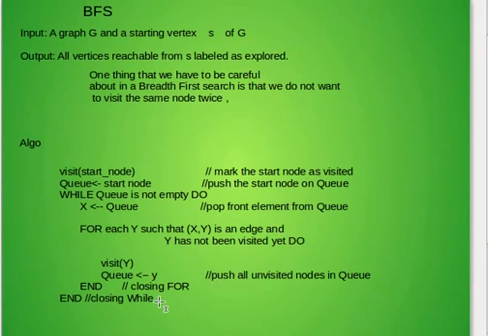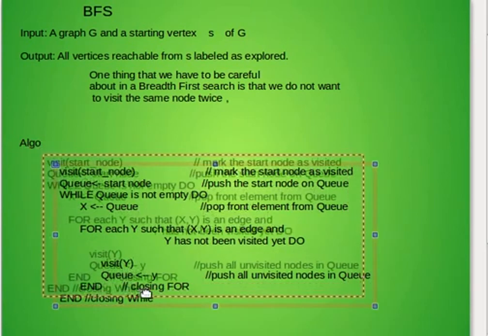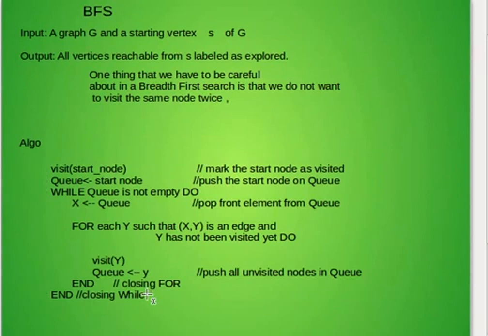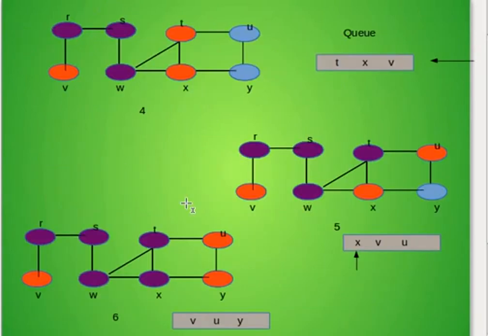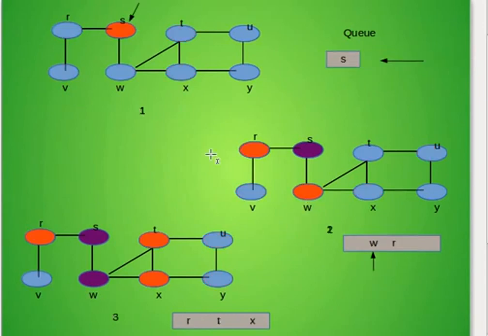Now keep on doing all these steps until your queue becomes empty. So after this, pop out W and mark it as explored and push all its neighbors in the queue.